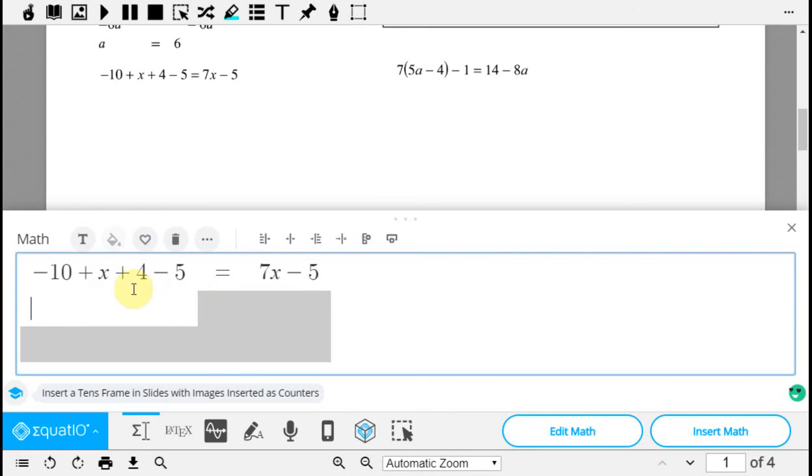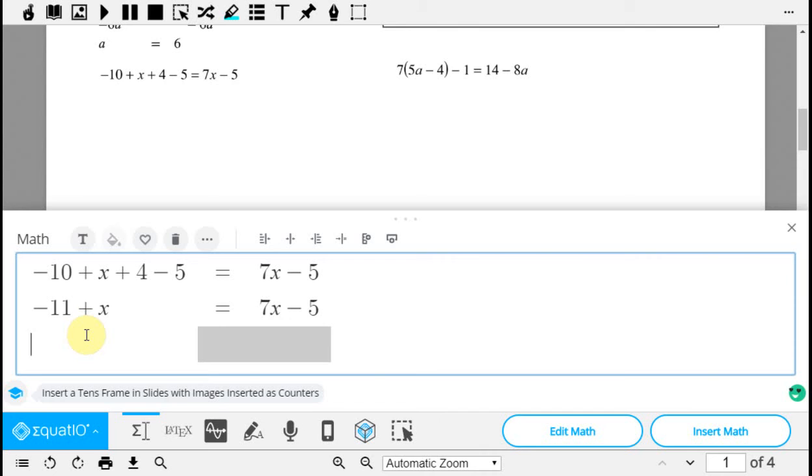So we do have simplification that can be done here. The constants on this side, minus 10 plus 4 is minus 6, and then minus 5, that's minus 11. Or you can add all those up on your calculator. You get minus 11 plus x, equals, and there's no simplification because there's no like terms on this side.